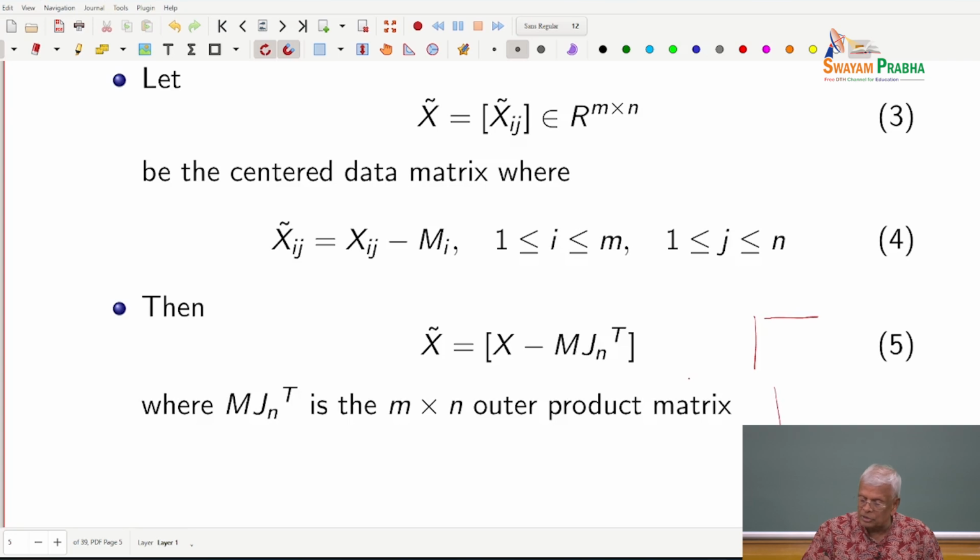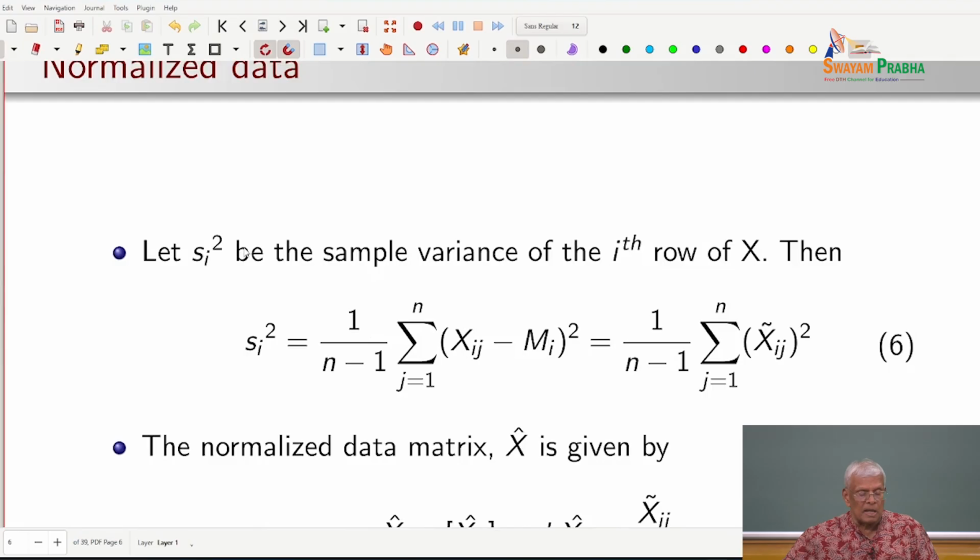So this is the matrix, each of whose columns is m. This matrix is subtracted from the data matrix, and that's equivalent to centering. So m Jn transpose is the m by n outer product matrix. You remember the outer product matrix we talked about when we talked about vector spaces, and that's exactly what is applied in here. Now I would like to be able to normalize.